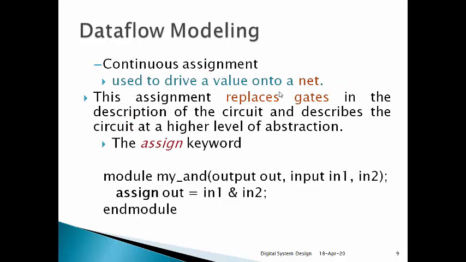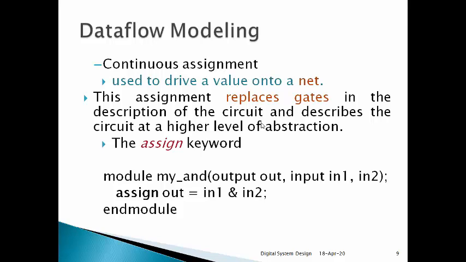Now starting with the continuous assignment statement. This statement, known as continuous assignment, is used to drive a value onto a net. Please note that this is used to drive a value on a net data type. This assignment replaces gates in the description of the circuit and describes the circuit at a higher level of abstraction.